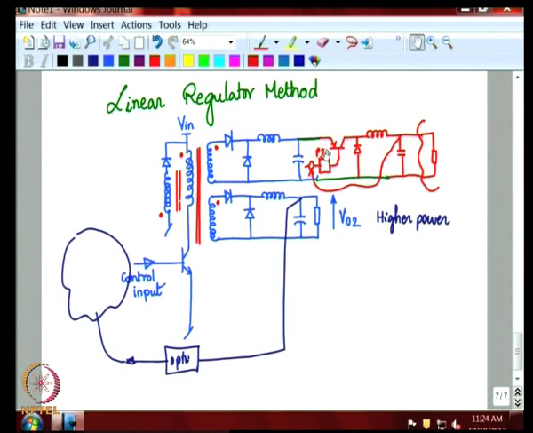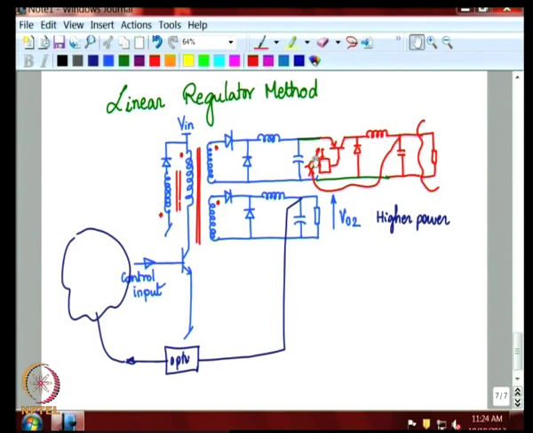So, this control circuitry is powered by the unregulated voltage at this point, and then the gate drive is supplied to the transistor, which does a buck operation here, and then appropriately you get a regulated voltage at this point.